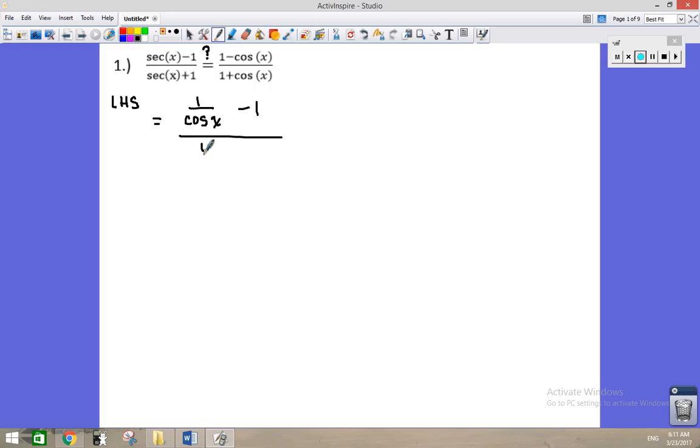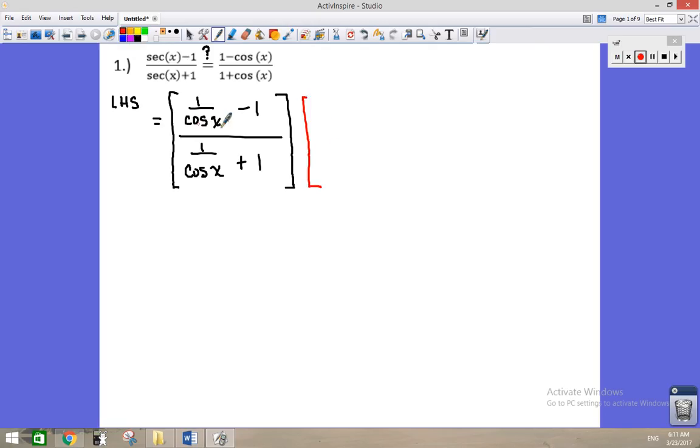Now, although I've taken something that's complicated and made it more complicated by making it a complex fraction, I'm going to multiply by the number 1, but I'm going to be clever in how I write the number 1.